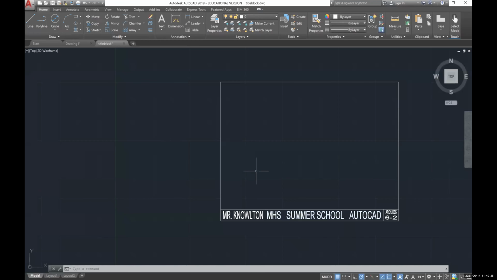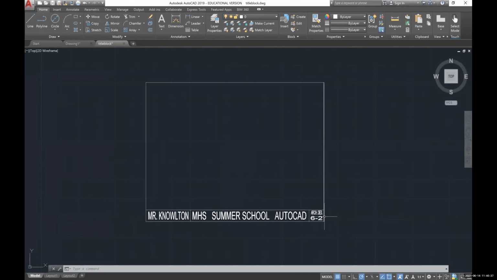Okay, so in AutoCAD, it said that the length of our front view was 3.5. The height was 2. And over here, 2 inches.